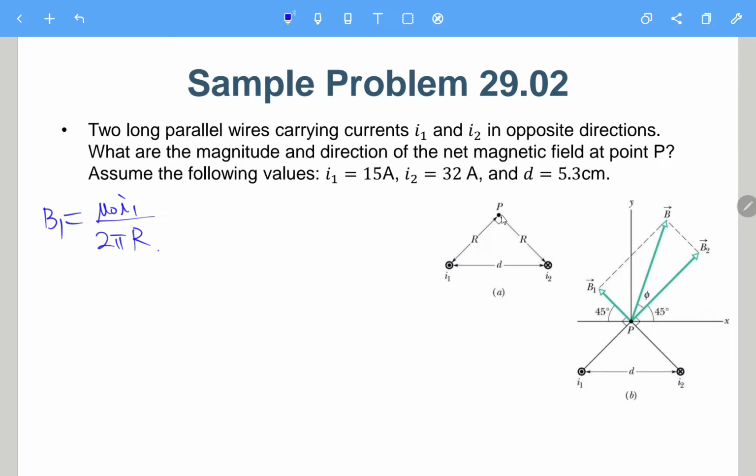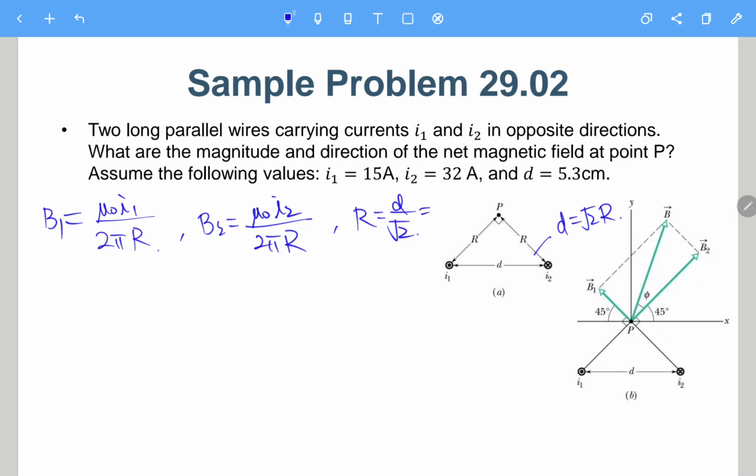So this is R, this is R, and this is D, and D equals square root of 2 times R. Also, B2 equals μ0 I2 over 2π R. Then we have R equals D over square root of 2.